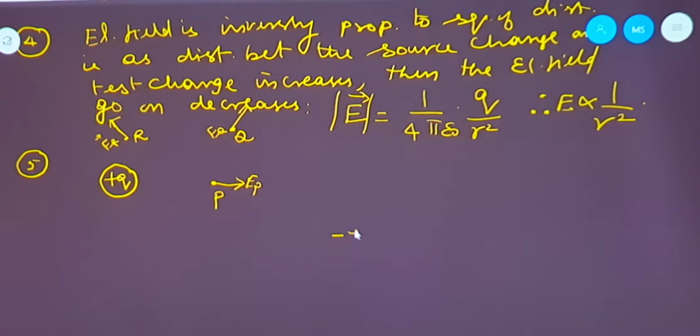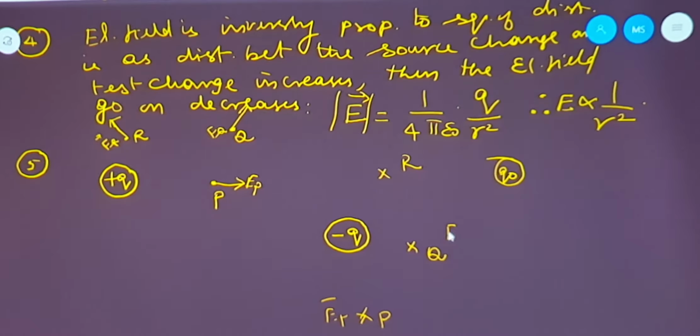If the parental charge is considered to be minus Q, and you are considering 3 points like this, one point as P, another as Q, another as R, and at all these places I have the test charge Q0, then what will happen? The test charge at point P will develop an electrical field EP vector.